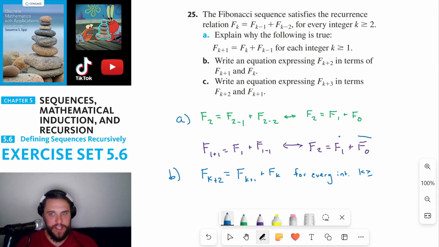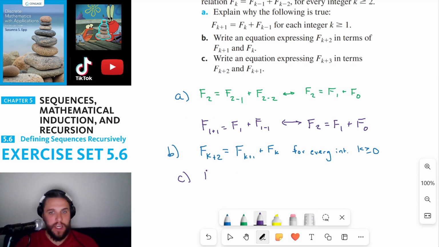Now, the first instance of this recurrence relation should be that f sub 2 equals f sub 1 plus f sub 0. But that would only work if we start at k equals 0. So k has to be greater than or equal to 0 in order for this recurrence relation to be the same.